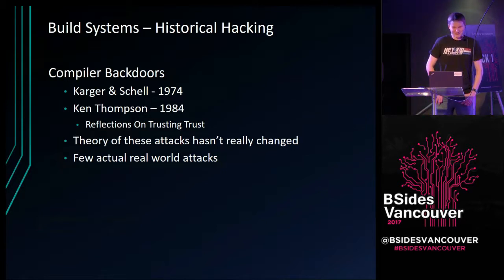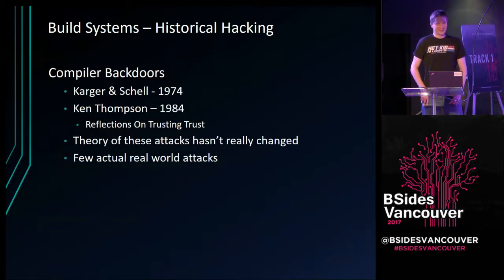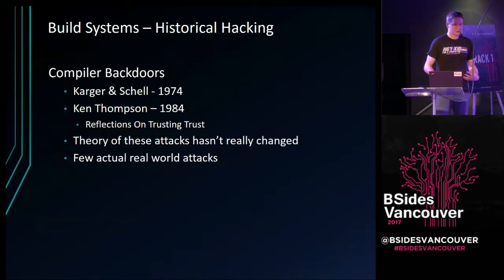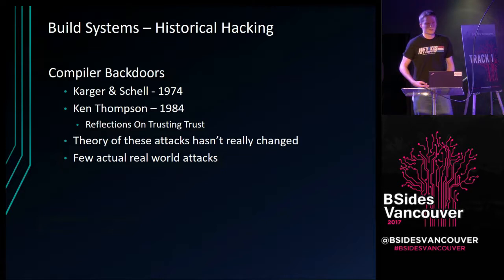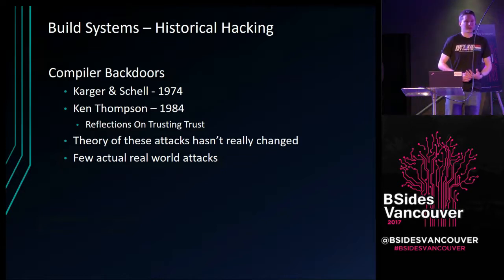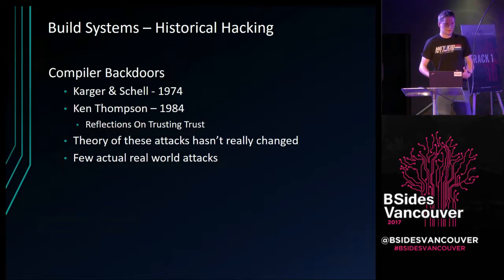And some dudes that worked for the Navy came up with the theory that at some point you have to trust the start of your chain of software. And the start of your software chain really is the compiler itself. If you can't trust your compiler, then there's really nothing that you can trust, because even the compiler, to some extent, gets compiled by itself to create new versions.